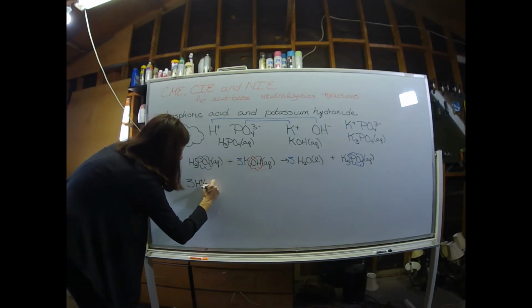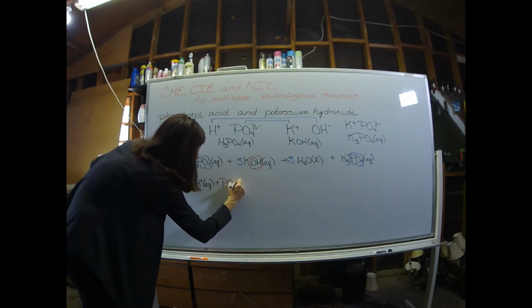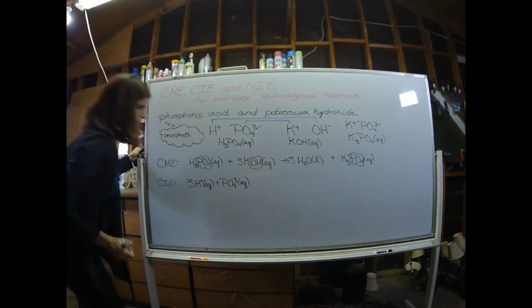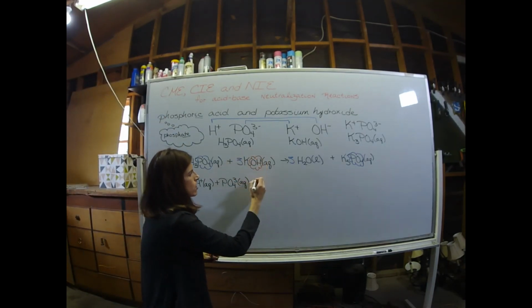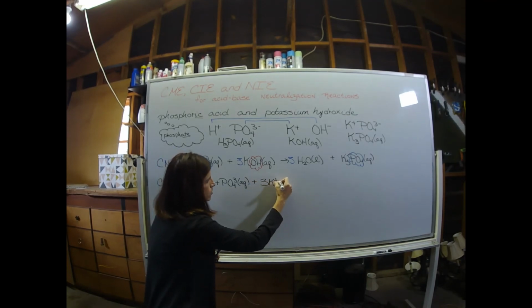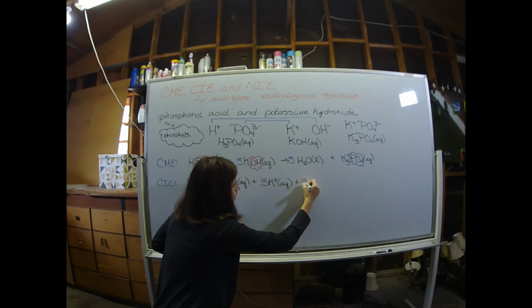Label that as aqueous. And we have the aqueous phosphate ion. I'm going to distribute this 3. So that gives me 3 potassiums and 3 hydroxides.